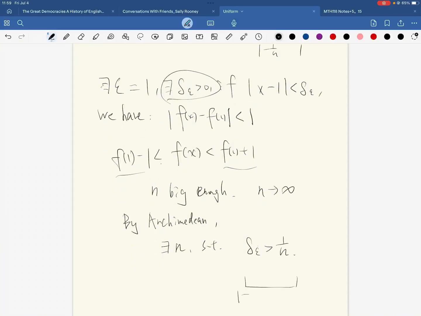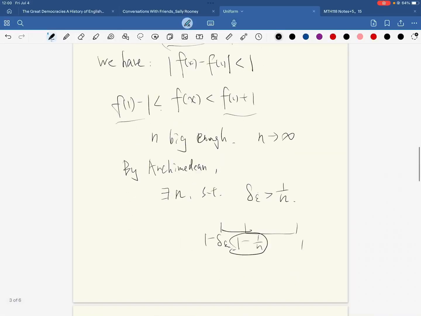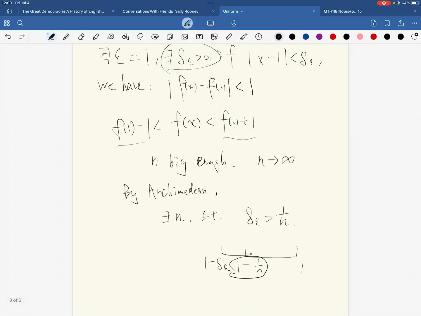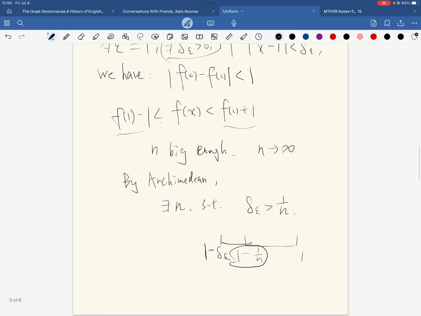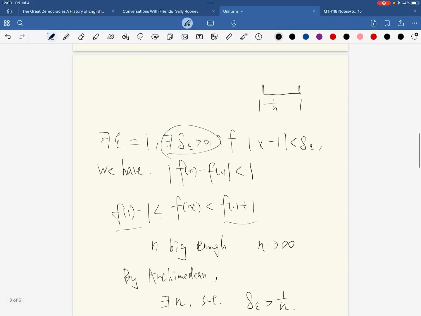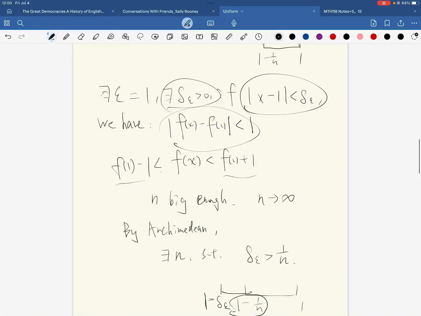This means that 1 minus 1 over n is in the delta neighborhood of 1. So we have met this condition, so we have this.